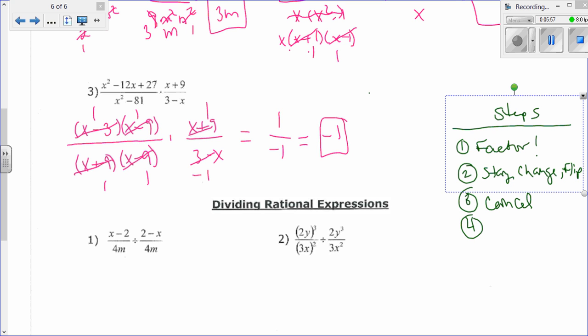And 4 is to collect the terms. 1 and 2 can be done together.